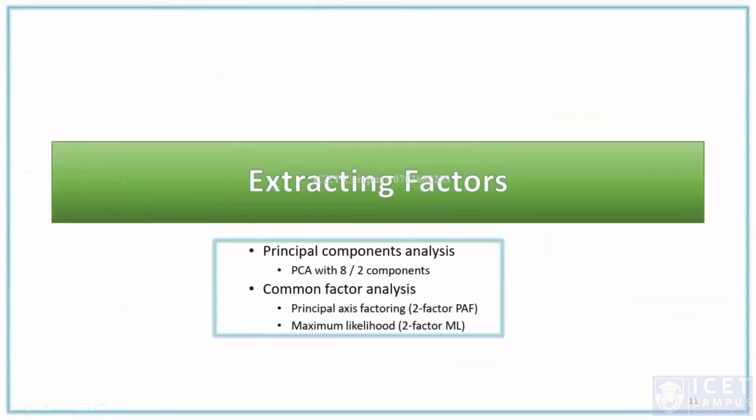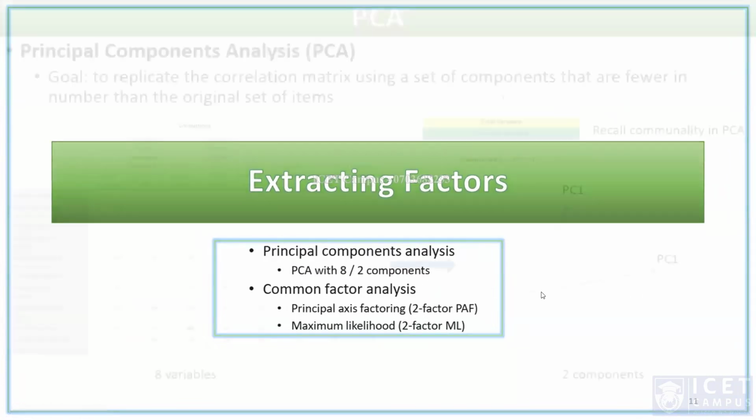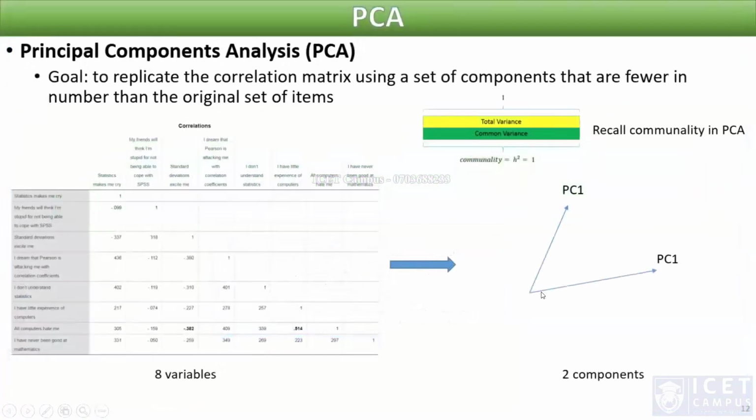Principal component analysis first, with 8 variables and 2 components, right? So now we have the 8 variables. We calculated the correlation, right, to replicate the correlation matrix using a set of components that is a fewer number than the original set of items.